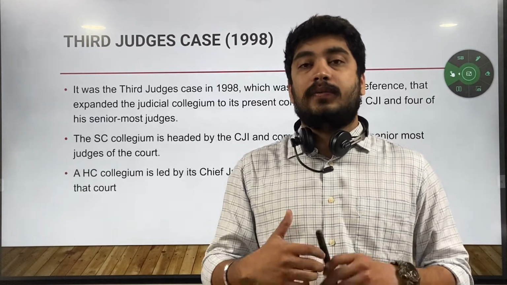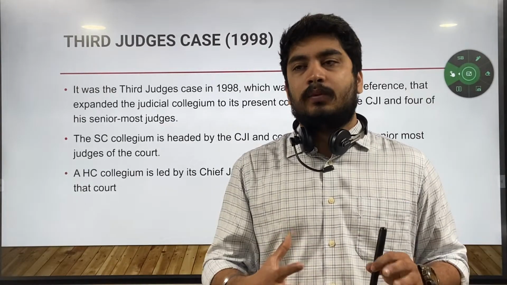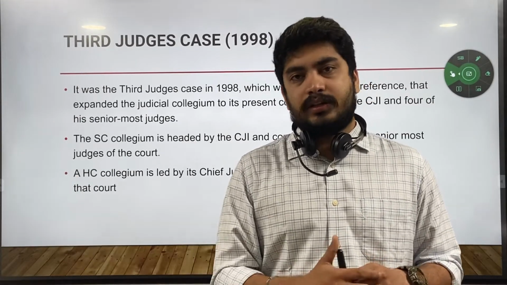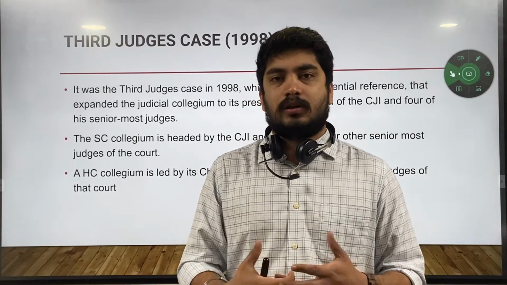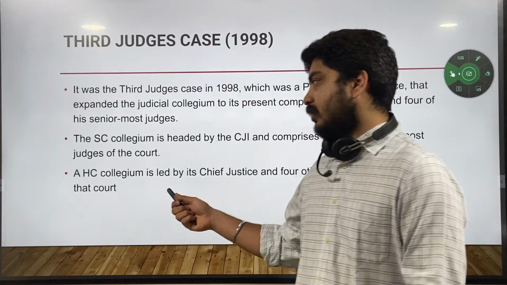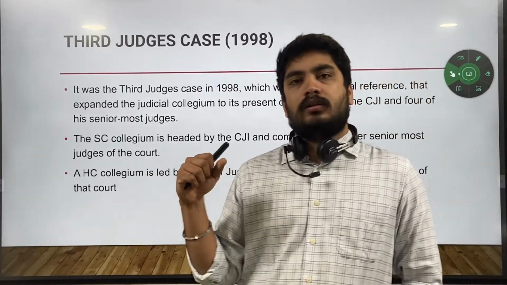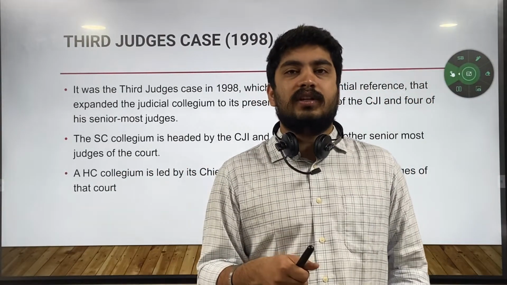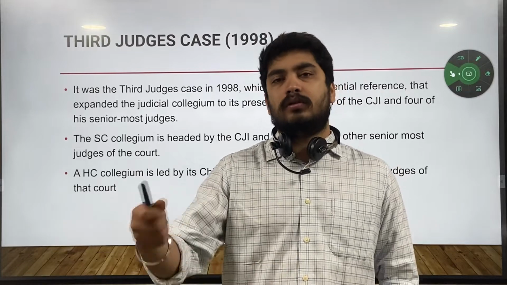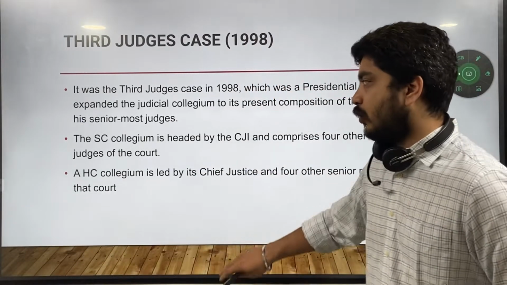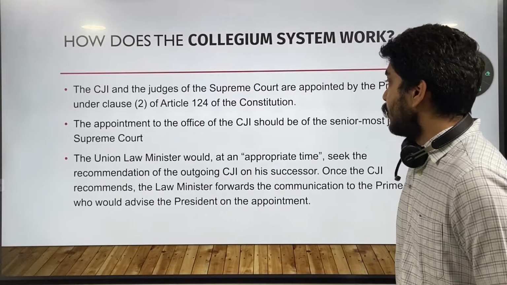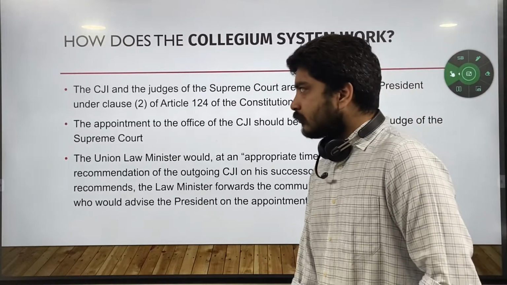So the recommendation which is given by this collegium must be followed by the executive. So they appoint a person whom this collegium suggests or recommends. Same thing happens in the High Court, where the High Court collegium will consist of the Chief Justice of that High Court along with the four senior most judges of that particular High Court.